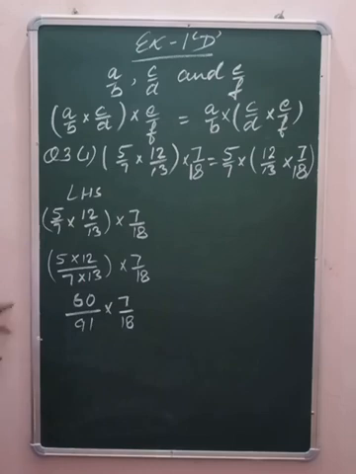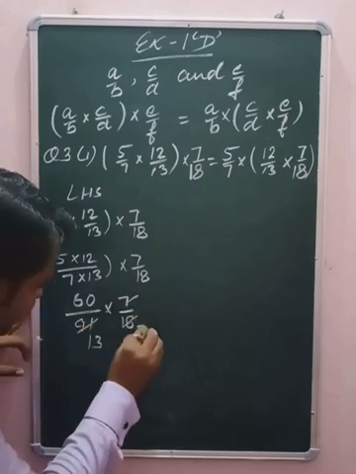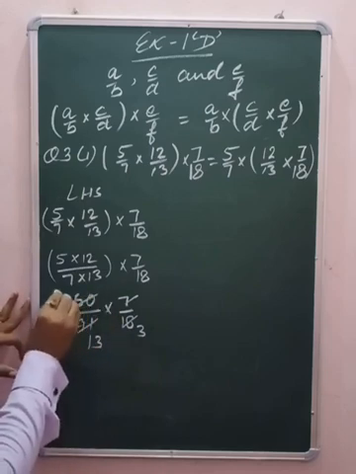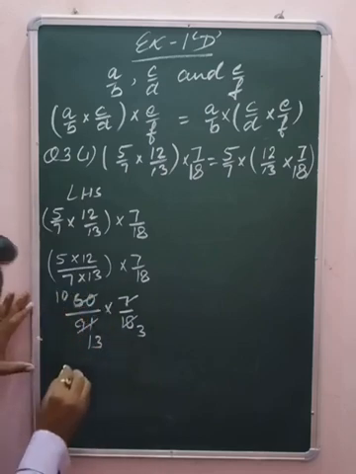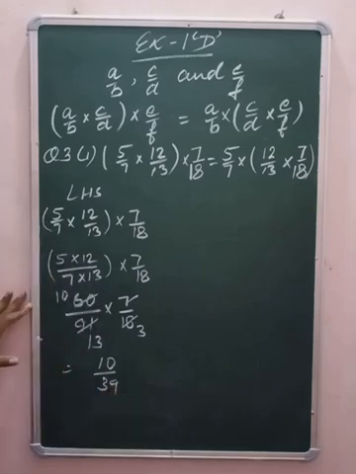So here we can divide by 7, 13, 6 3s are 18 and 6 10s are 60. So here we got 10 by 39. So on solving the LHS we are getting 10 by 39.